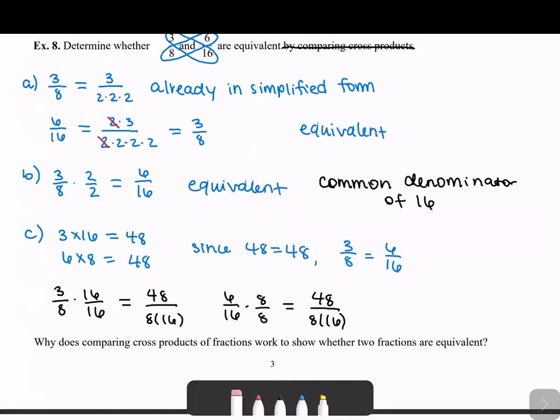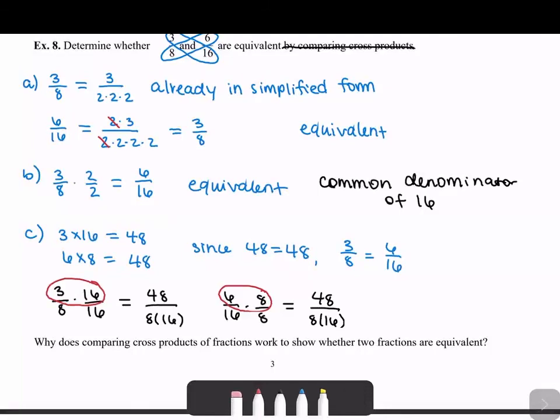And this works because of the commutative property of multiplication. So essentially, we're comparing the numerators whenever our common denominator is the product of the denominators that we already have. And that's why this cross multiplication works. It's just the shortcut to looking at a common denominator that is the product of the given denominators.